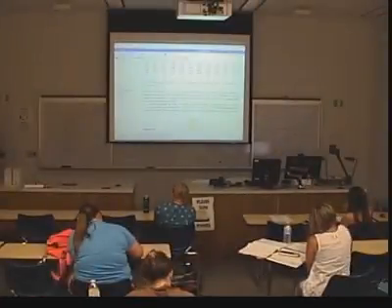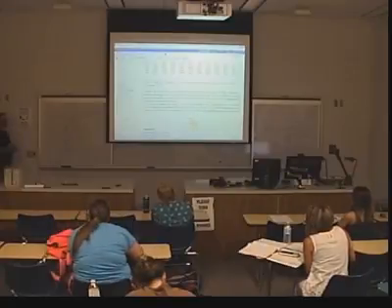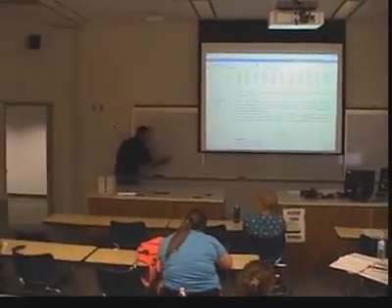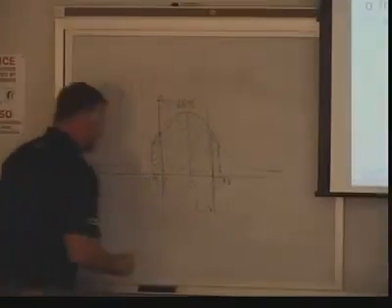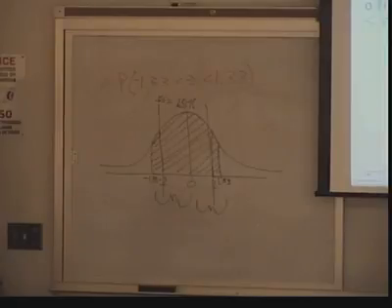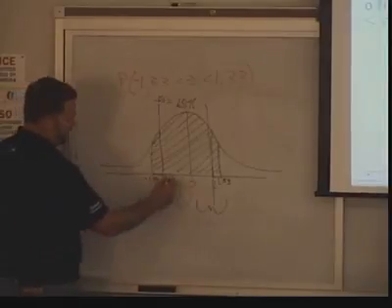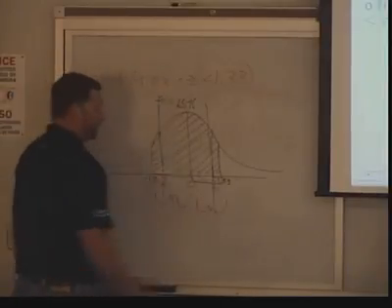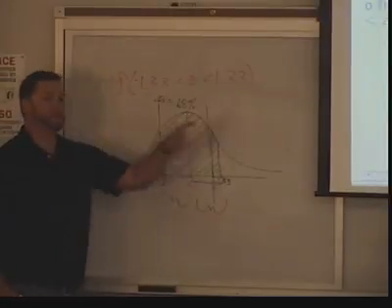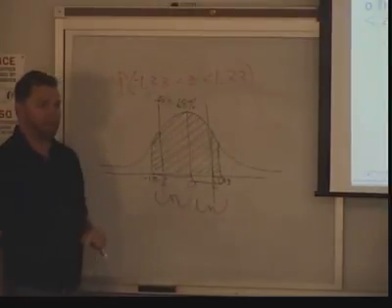Now, let me ask you another question. Is the area to the right of 0 going to be equal to that area? Yes. This area and this area are going to be equal. So our chart only tells us from 0 to 1.33. So this is the one that Crystal said where we have to multiply by 2.